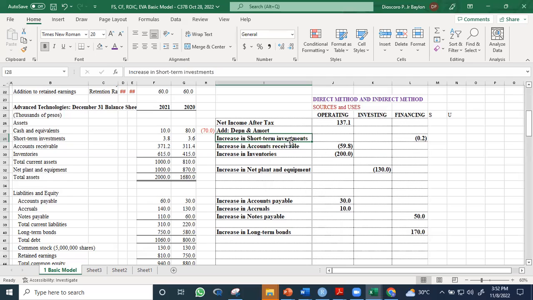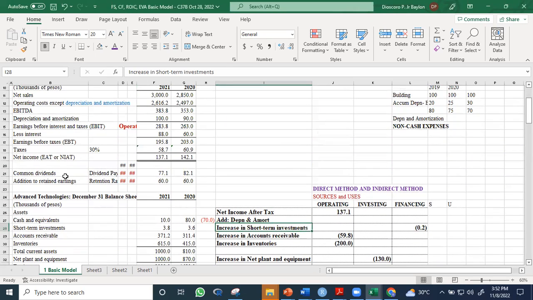Tama ba to? Yung increase in short-term investments, tama siya, class? Saan siya papasok? Okay, may tanong dito, Migs. Sagutin ko muna yung kay Migs. Migs, paki-share yung question mo to everyone, para alam ng iba kung ano yung sinasagot ko. Okay. So there's a question here. How did we get the dividends? Si dividends, guys, dito sa income statement siya.